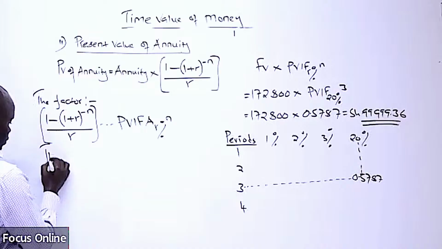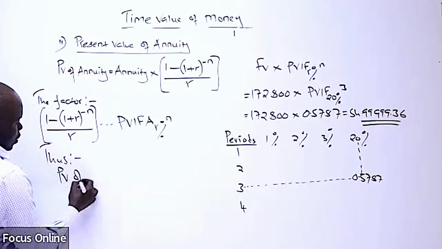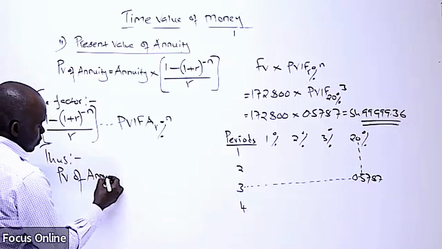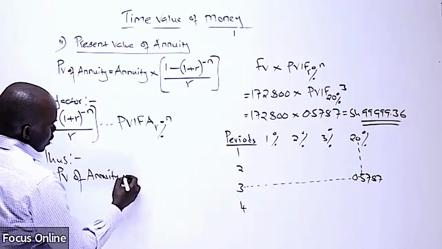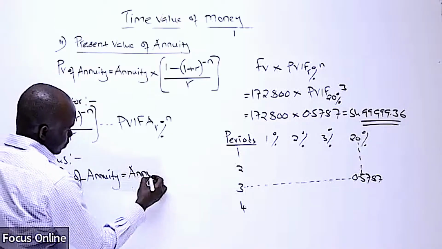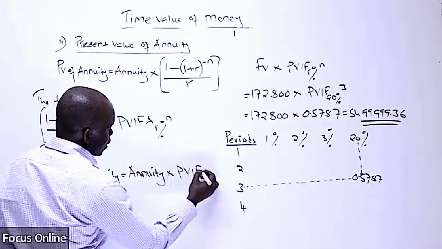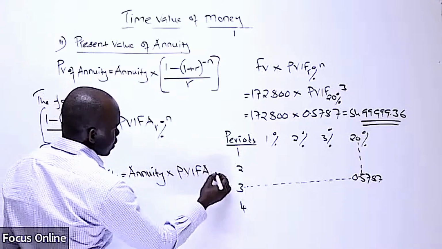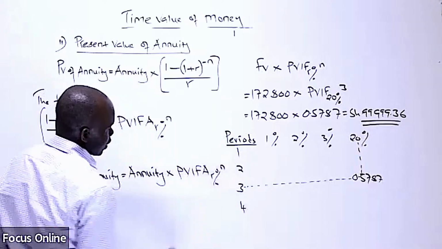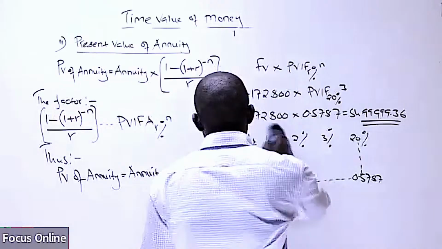Thus, the present value of an annuity is equal to the annuity times the present value interest factor of an annuity, r% power n.